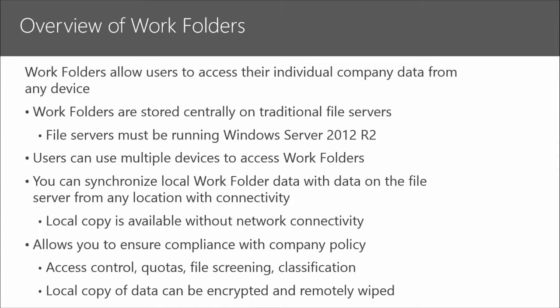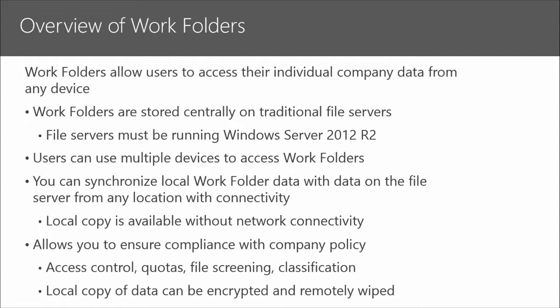So with Workplace Join, we were talking more about applications, claims-based applications. Here we're talking about files. If you had a domain-joined computer, you could just use a shared folder and have files, no big deal. Work Folders uses something called a sync share, and it allows non-domain-joined or domain-joined devices to have access to this sync share, and it's a lot like offline files.